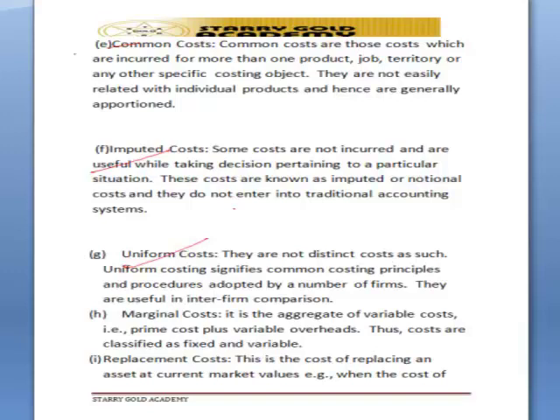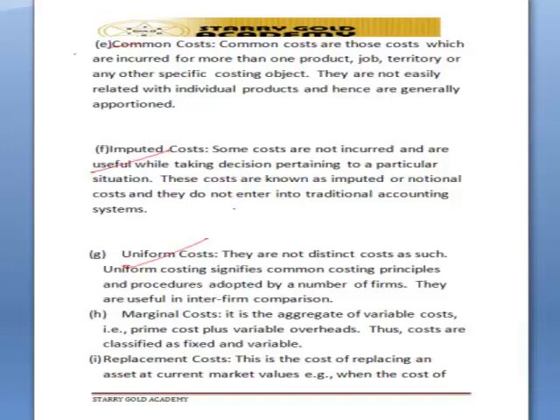It does not mean what the economist says about marginal cost. To an economist, it is the additional cost incurred for additional units produced. But in cost accounting, marginal costing means variable costing. So marginal cost is the aggregate of variable costs, that is, the prime cost plus variable overheads.